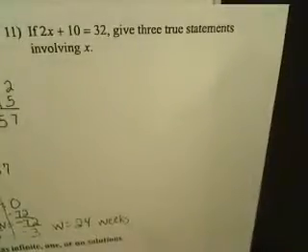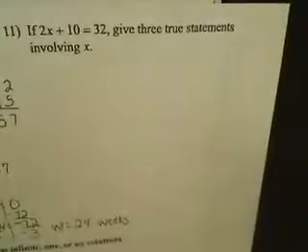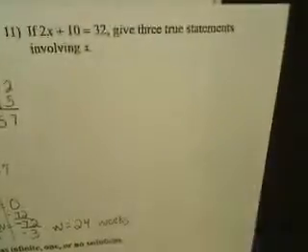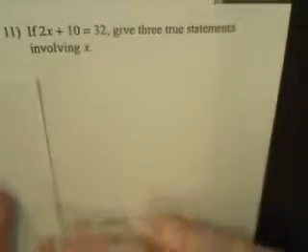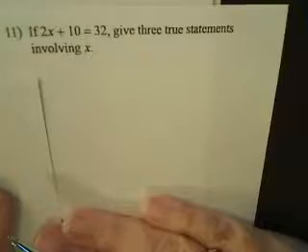Okay, let's come up here for this problem. We have not done ones just like this, and it says if 2x plus 10 equals 32, give true statements involving x. We have the same thing going on we had in the last video at one part. So let me try to cover the other stuff, so I could hopefully focus on that.